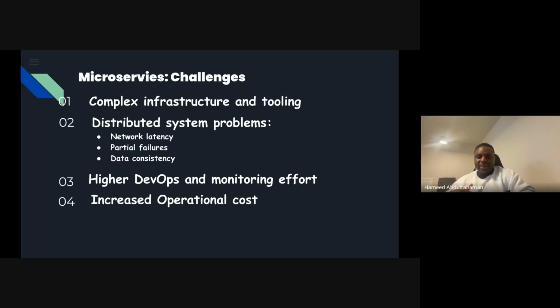Then you have things like distributed system problems. You have network latency, partial failures, and data consistency. Network latency can actually happen. For instance, you're communicating with another service, probably bill payment needs to communicate with the account service to get the customer account balance.